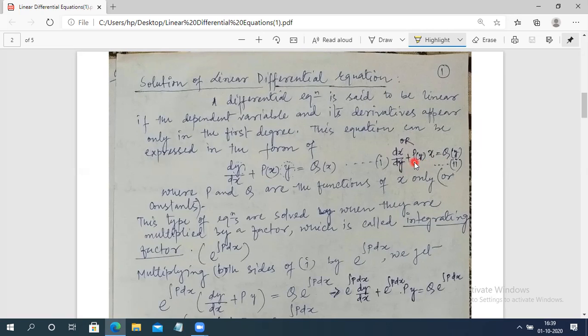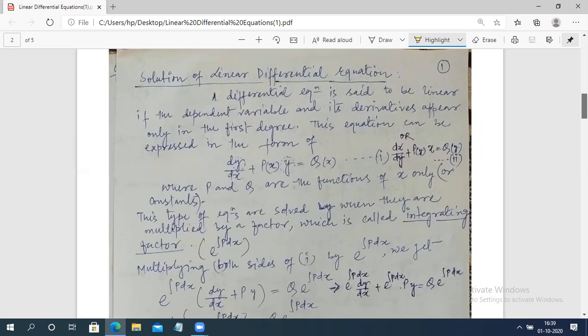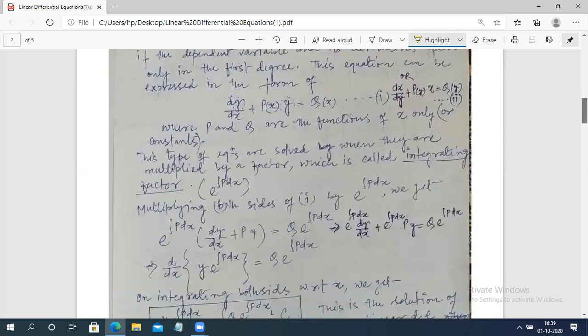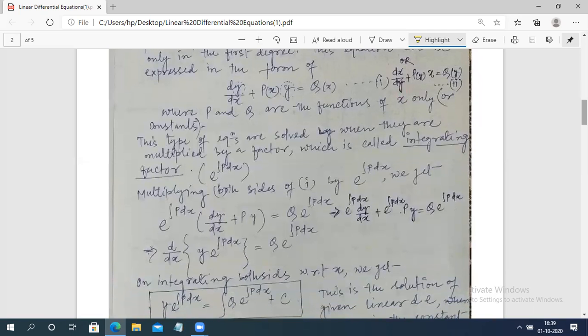That is why I have written p(y) and q(y), because p and q are functions of y only, or they may be constant. Clear?